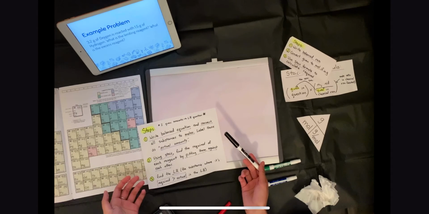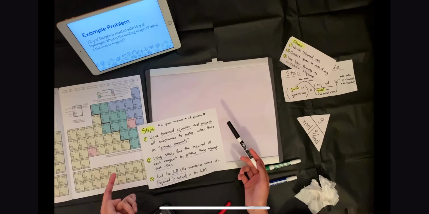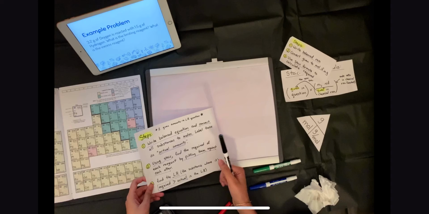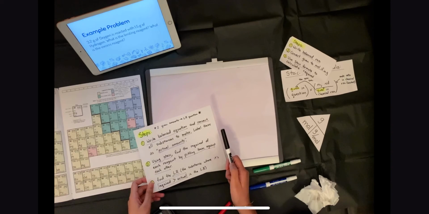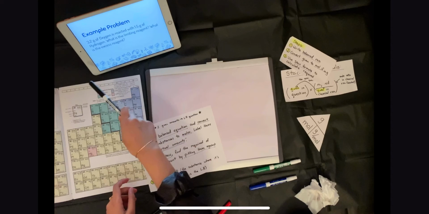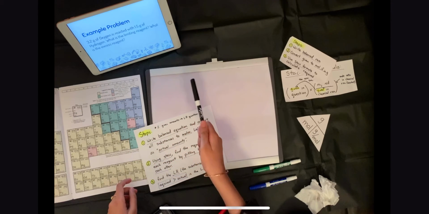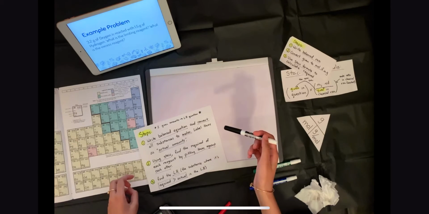And how do you know if it's a limiting reagent question? Well, you can identify that by seeing the given amounts. If you're given 2 given amounts, then it's a limiting reagent question. So since we are given 3.2 grams of oxygen and also 1.5 grams of hydrogen, we know that this is a limiting reagent question.